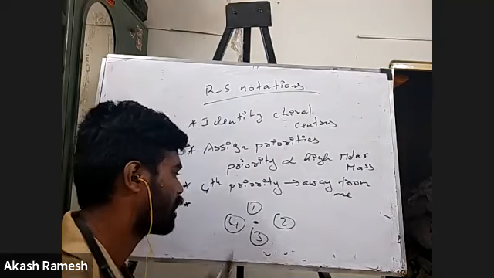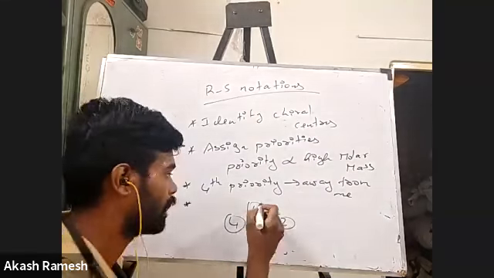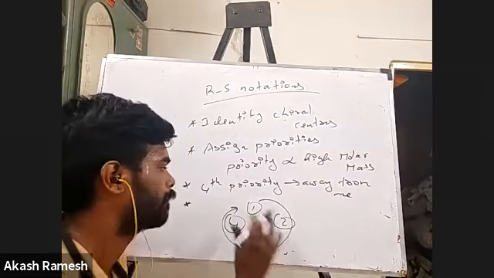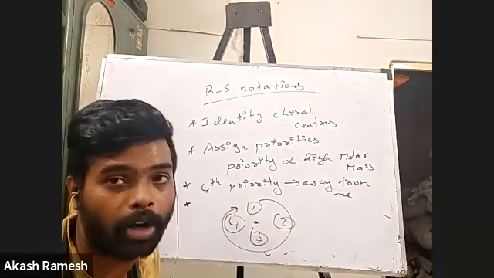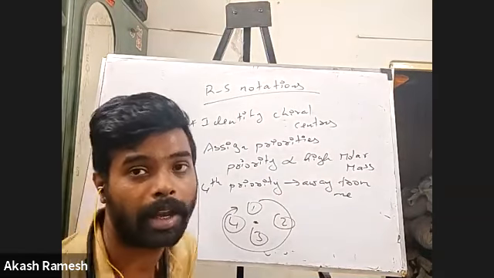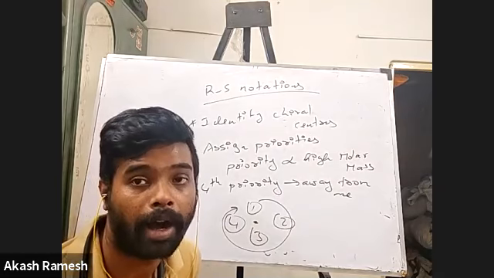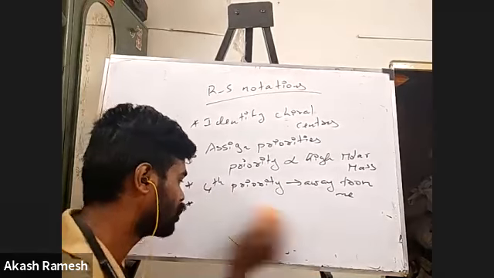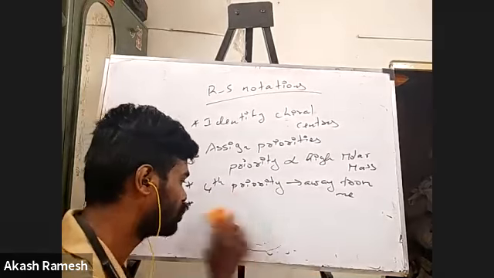If it is like this, and this is the carbon atom, what do you see? I'm going clockwise from 1, 2, 3, 4. Or if 1, 2, 3, 4 is like this, I would have gone anti-clockwise. Now this is the last step which determines whether I'm going to have R or S. So please understand, if you trace the priorities 1, 2, 3, 4 in clockwise direction, that means I'm going to give the letter R to this.